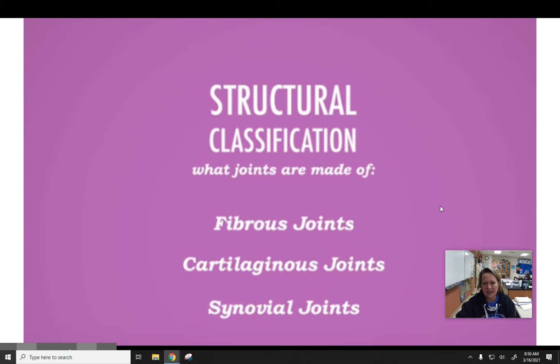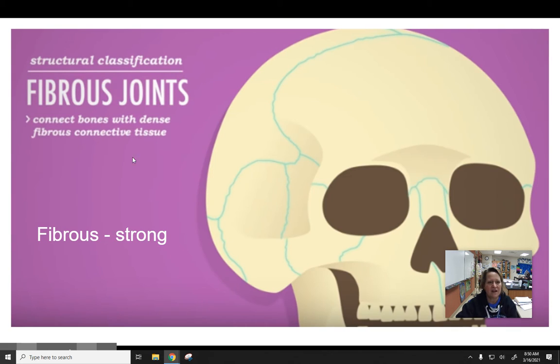The second way we classify them is structurally, so what the joints are made of. We have fibrous joints, cartilaginous joints, and synovial joints. Fibrous joints are really strong, so they are going to connect bones with dense fibrous connective tissue. When you think about fibers, you can just think that the fibers are holding everything together.